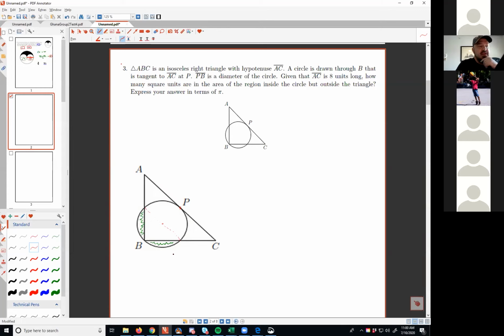Well, the big triangle is an isosceles right triangle, but the question is, how do we know that this point right here is in the middle of AB? Is that the midpoint? Well, yeah, because the circle is tangent to the triangle at the midpoint of the hypotenuse.